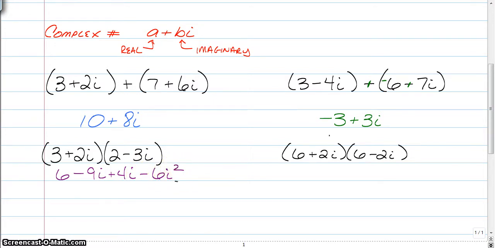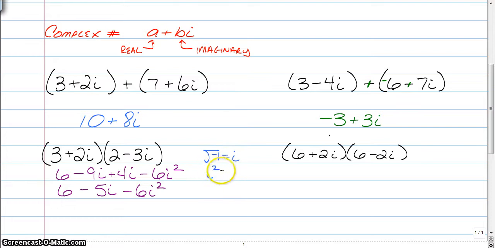So hold that thought for a second. Combine like terms, we have 6 minus 5i minus 6i squared. So now we need to think for a second. Remember how we said that the square root of a negative 1 is i? Earlier we were talking about that. Square root of a negative 1 equals i.